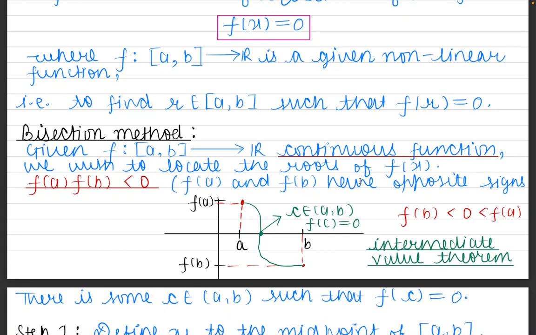So how do we do it? If you are given an interval, okay, so given f from [a, b] to R, a continuous function, we look into the continuous function.